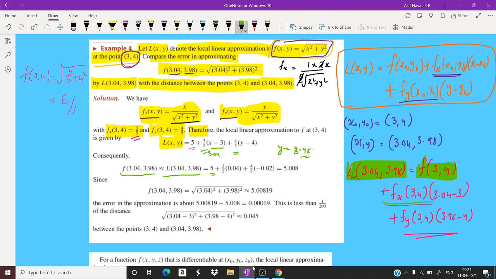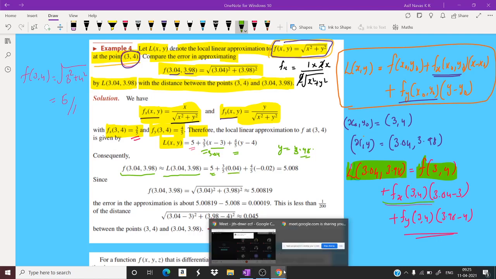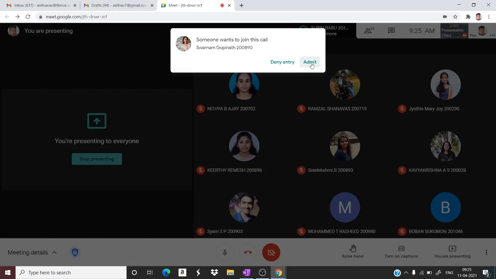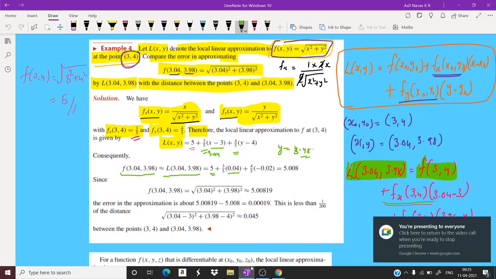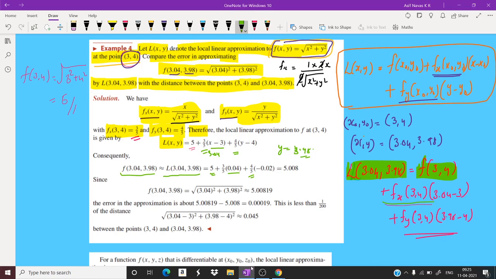Therefore, the function value f of (3.04, 3.98) is approximately equal to L of (3.04, 3.98), which is 5 plus 3 by 5 into (3.04 minus 3, that is 0.04), plus 4 by 5 into (3.98 minus 4, that is minus 0.02).